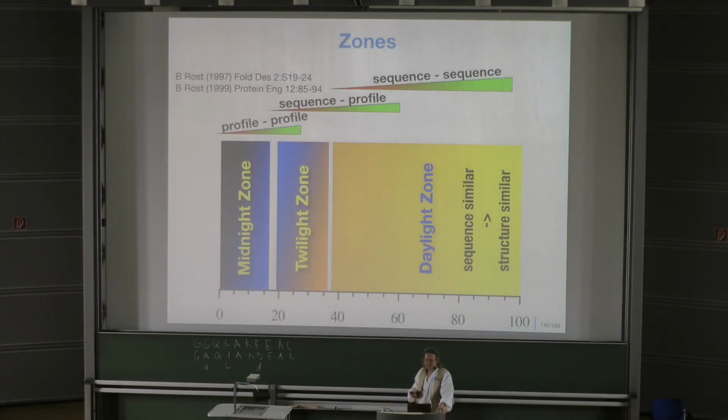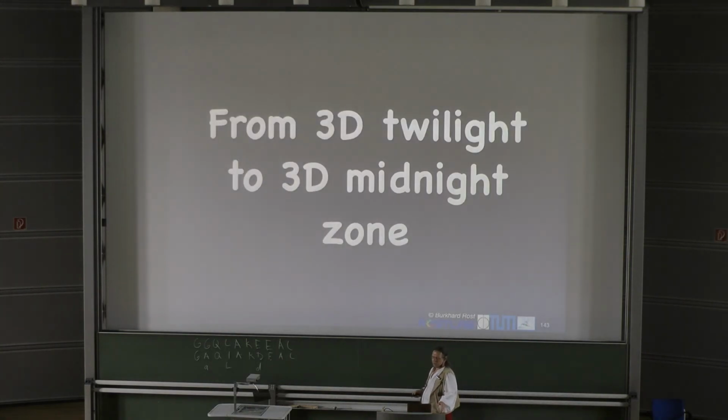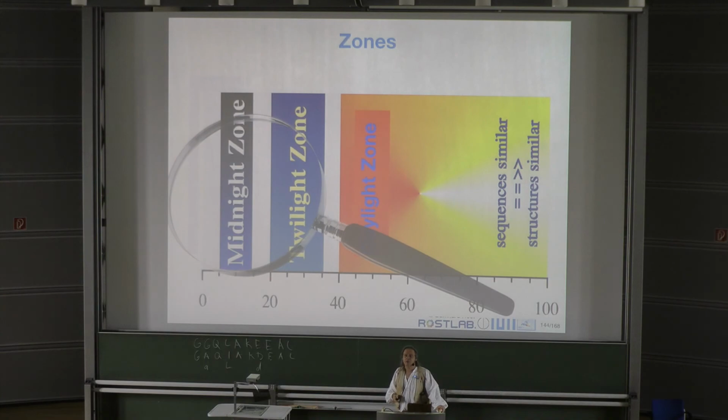So with the profile, you can really intrude into the twilight zone and ultimately get into something like the midnight zone. So here's the word midnight zone. Now I take all the proteins of known 3D structure and I compare them. And I ask, how similar in sequence are they?